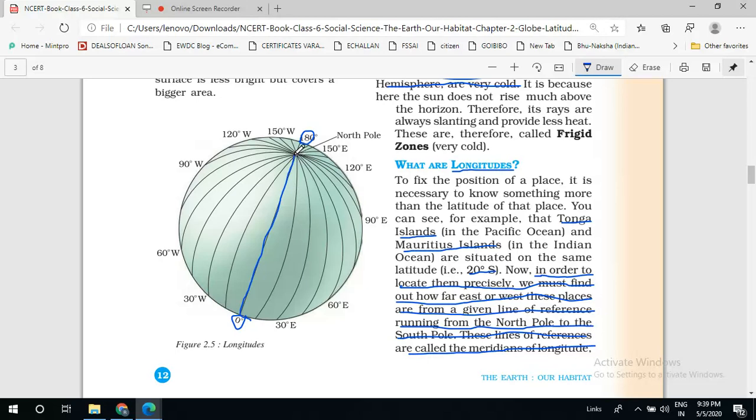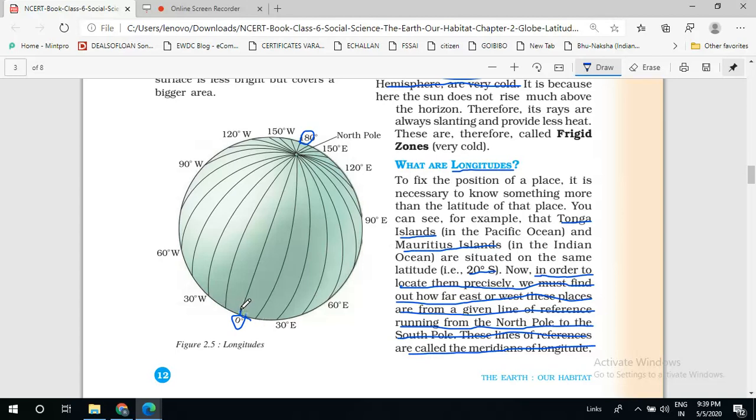Now, if we move it further, we see that it is 180 degree.